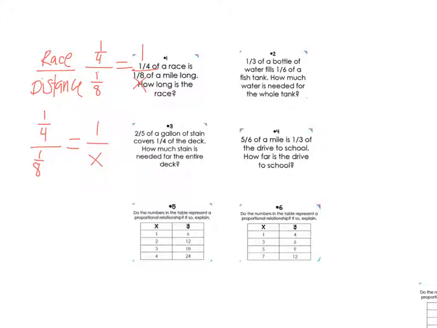So cross multiply and solve, right? Cross multiply. So I get 1/4 x equals 1/8. Remember what we would do here. Take 1/8 and divide it by 1/4. So divide by 0.25.